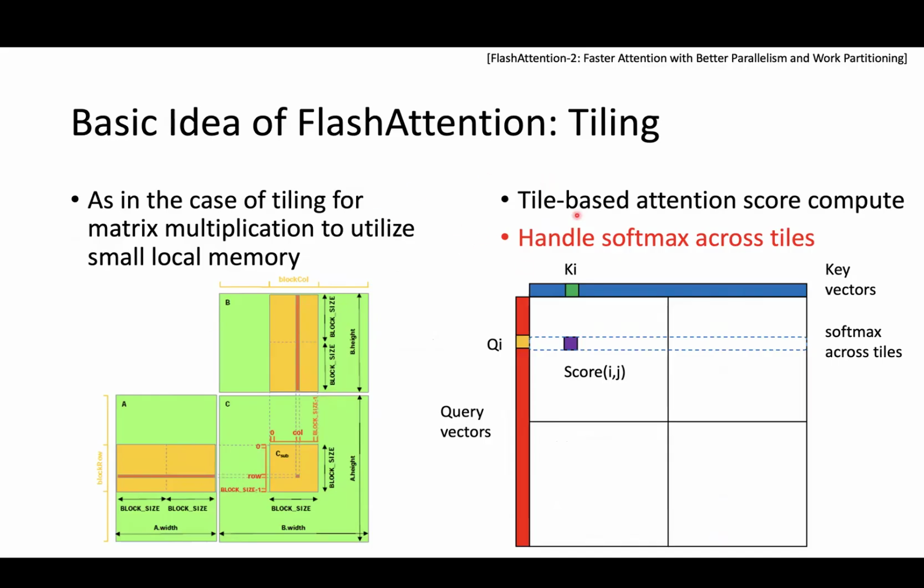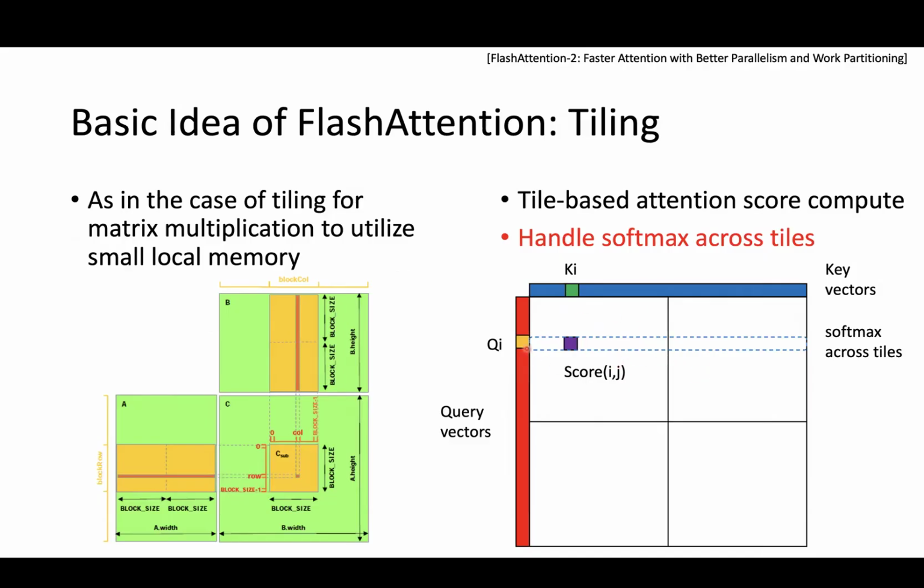So in order to handle large attention score, we apply tiling, which we usually apply to the case of matrix multiplication. So instead of calculating the two-dimensional attention score, we calculate the attention score here, and we do computation for attention, but the result will not be the final one because we do not know the denominator of softmax.